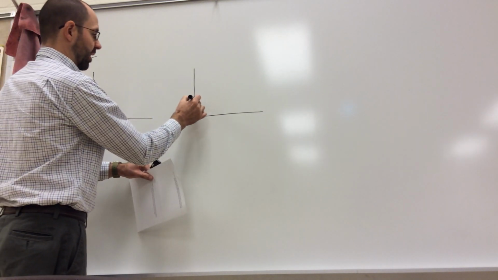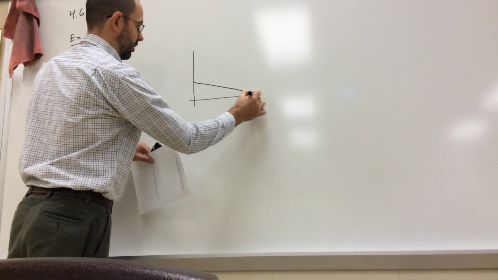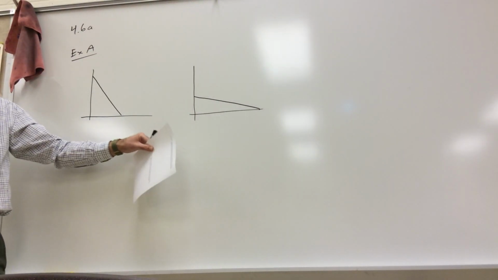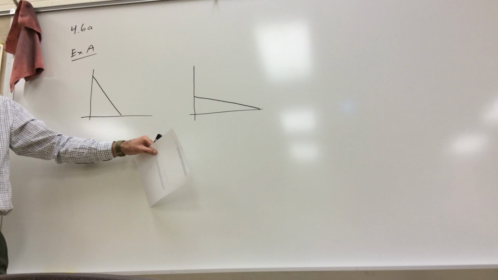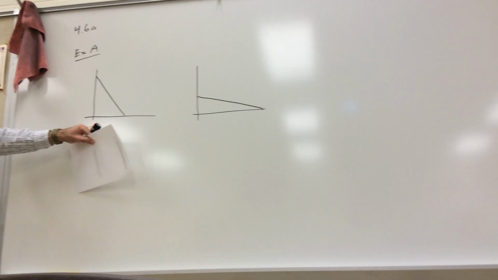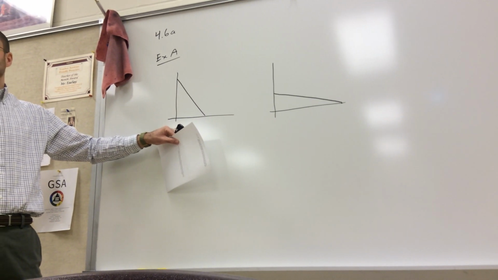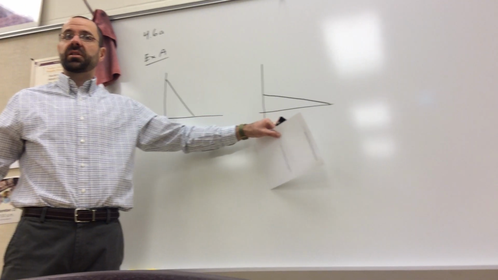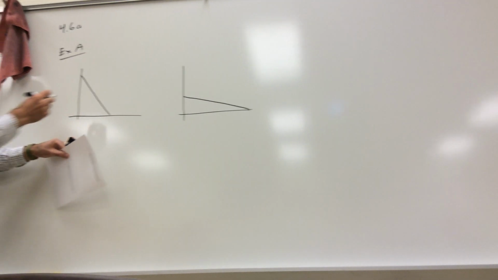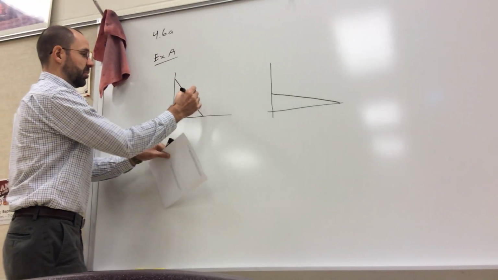But later on, the picture looks like this instead, because the ladder is falling down. Okay, so at first the ladder starts pretty far up on the wall, and then later the ladder is farther down on the wall. In both cases, the ladder's length hasn't changed, so that's 26 feet.